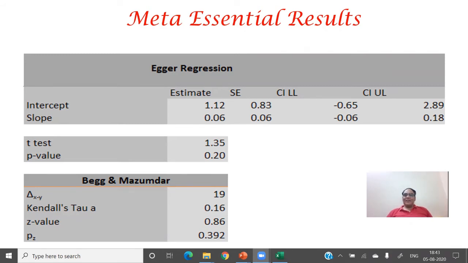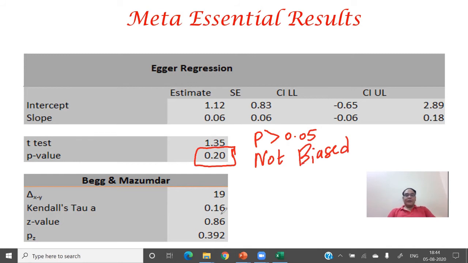You say that in the given study the publication bias is not there, and the answer is very simple. You have to check this p-value. Because this p-value is more than 0.05, so not biased. Then I have this z value and p value. This p value is also more than 0.05. So my result is that it is not biased.